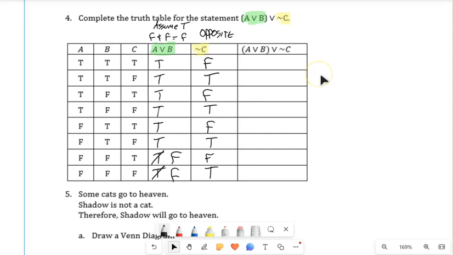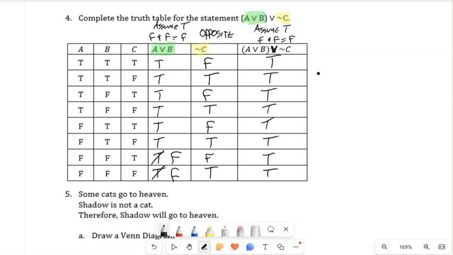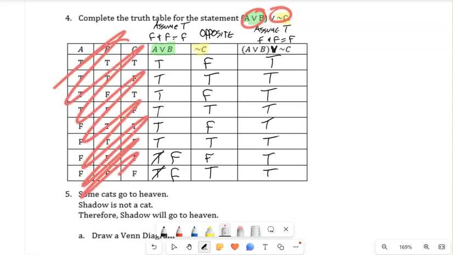So now that we have these other columns created, we can look at this symbol, which is the link between these columns, and that again is or. So assume true, and false equals false. So we can go through here and assume it's all true, and then we're looking at these two columns, so don't look at any of this now.